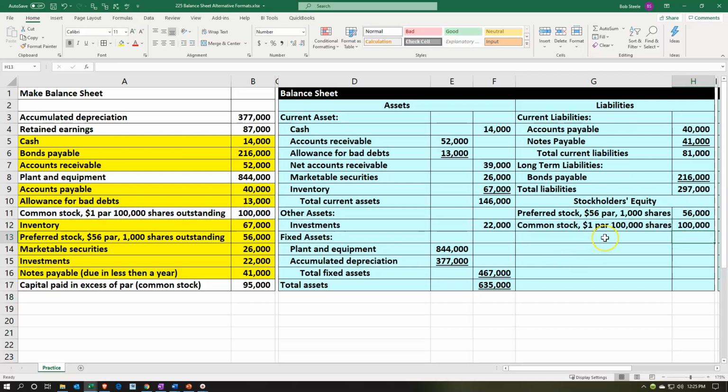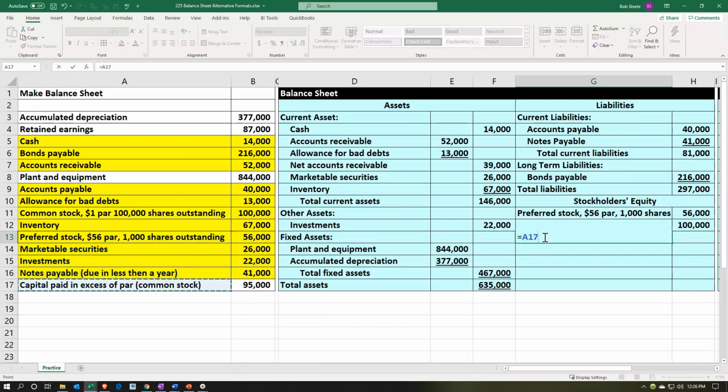Notice what this par value is saying here. There's 100,000 shares, and they're all at $1 par. So 100,000 shares times $1 is going to be 100,000. Any shares that were issued over the $1 per share are going to go to the capital paid in excess of par, or additional paid-in capital, which is the 95,000 in this case.